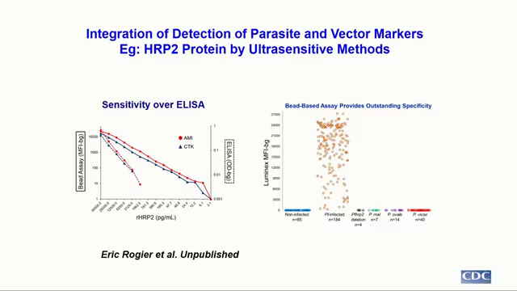As I said, in addition to antibodies, you can also detect parasite molecules. This is just one example. Here you can see what Eric has done, using HRP2 in the same multiplex system, using antibodies coded with HRP2 to detect the HRP2. In this graph we have the sensitivity of HRP2 detection between Luminex and ELISA.